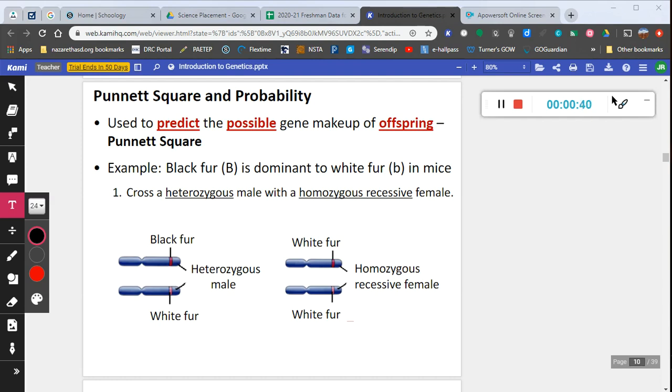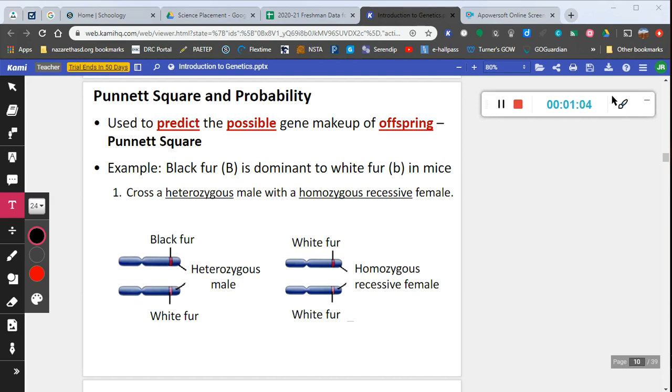Those are the three possible genotypes. Genotypes determine phenotypes, and a phenotype is the physical characteristic of an organism. So freckles, no freckles, black fur, white fur, tall, short, purple, white, those are all phenotypes. But phenotypes are a direct result of the allele combinations.